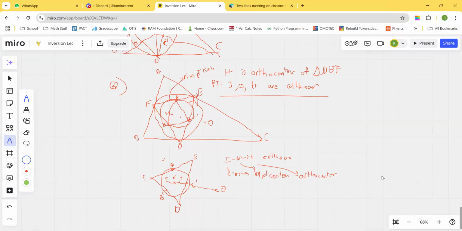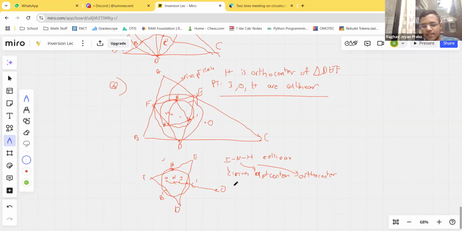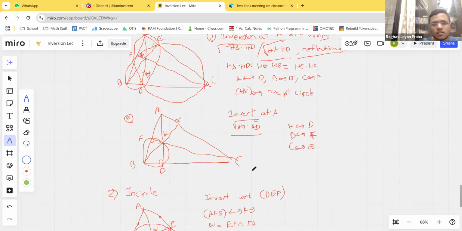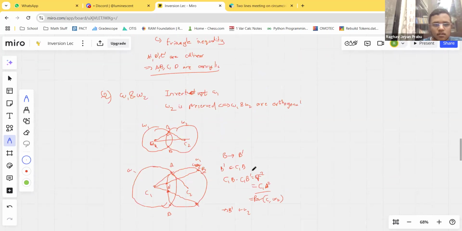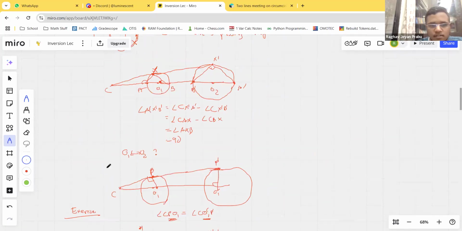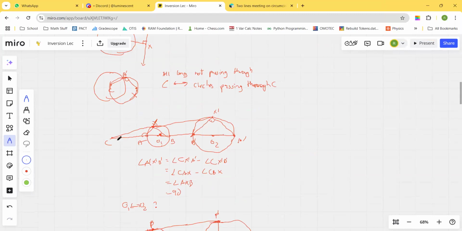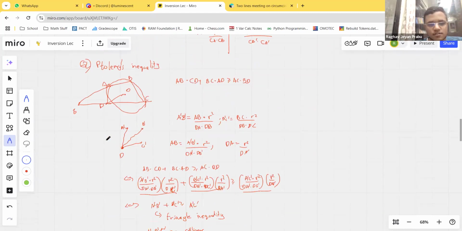With N, I, O, how collinear? Because O is the center of circle ABC and N is the circumcenter of circle A dash B dash C dash. So as we saw before, if you have these two circles, even though the centers do not map to each other, they are collinear with the center of inversion.